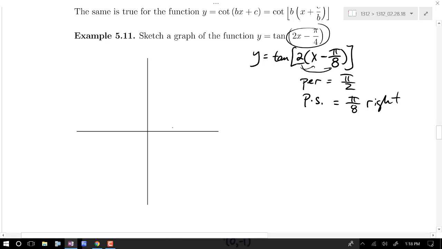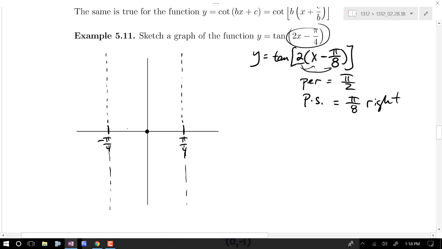So I'm taking that pi over 2, cutting it in half, and putting half on this side, half on this side. Those are my asymptotes here for the tangent function with no phase shift. And since I'm not doing a phase shift at all, I know that it goes through 0, 0. We'll work in the phase shift in a little bit.